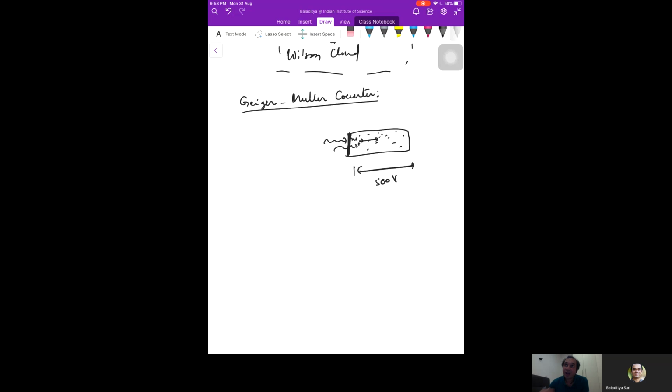Okay, and ultimately at the other end of the detector, if you measure the current, okay, there is going to be a pulse of current.